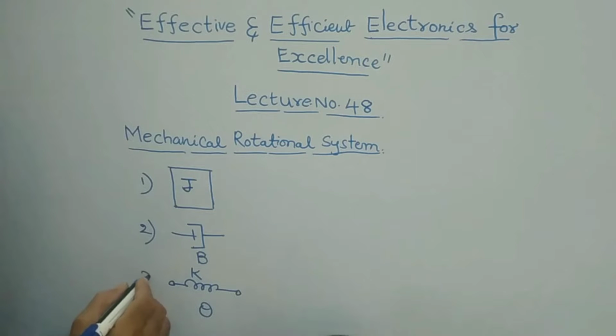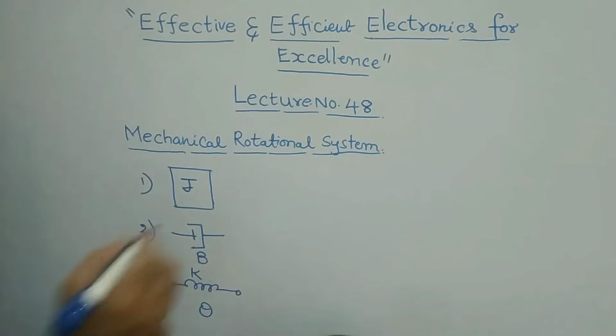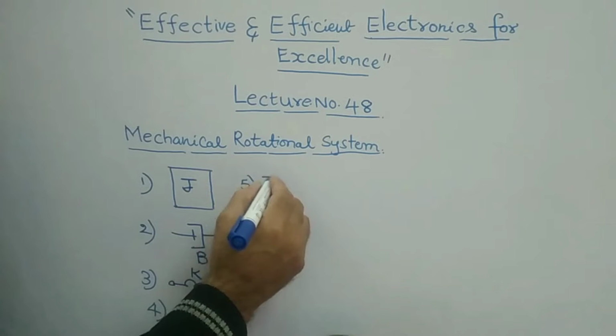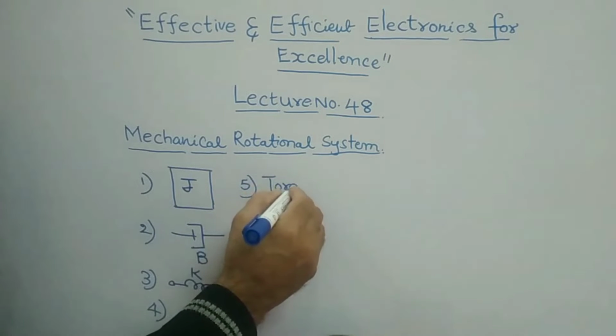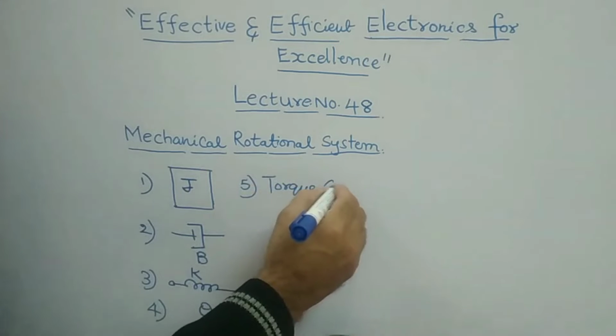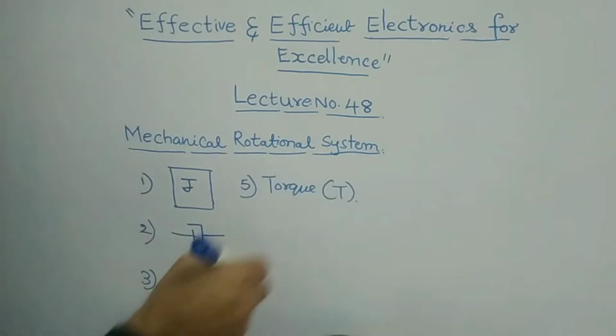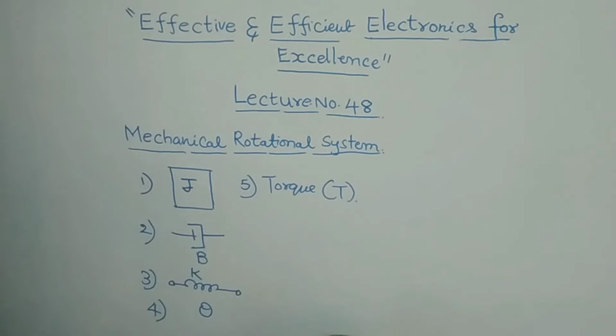The third one is the spring constant K, and the fourth one is the angular displacement. The fifth one is torque, denoted by capital T. These are the mechanical elements associated with this rotational system.